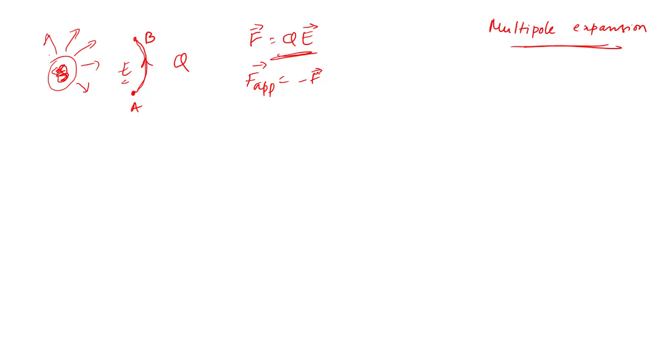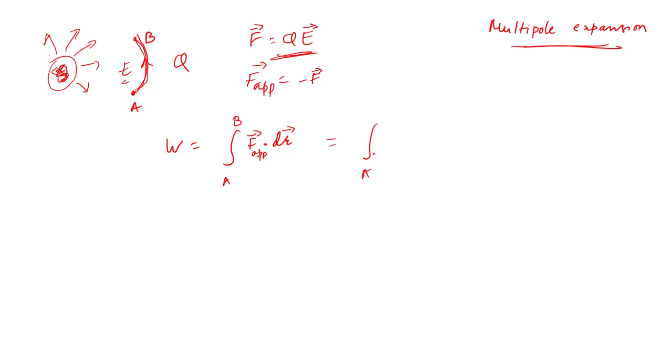So then the work done is simply going from A to B, F dot dl. Here this is F applied, because we're looking at the work done by the applied force to take charge Q from A to B.